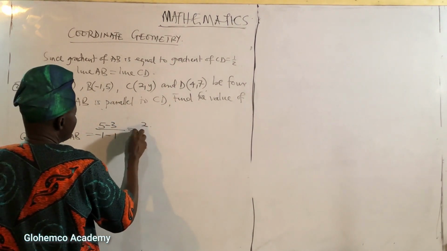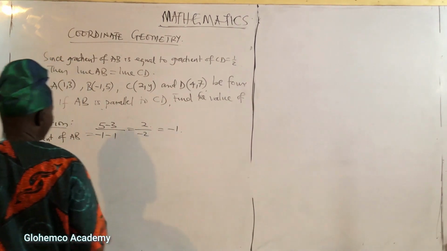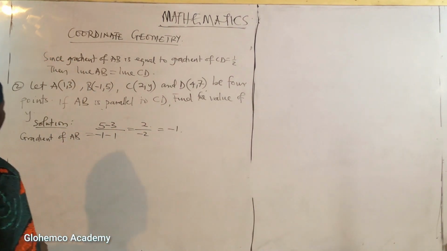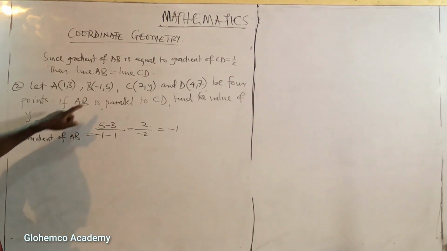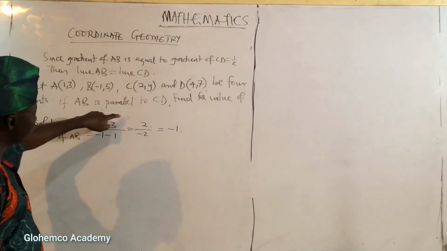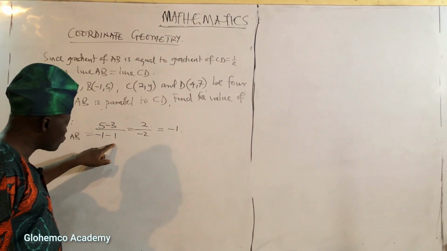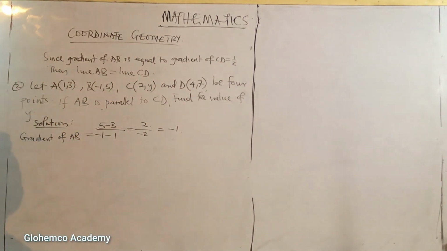This is equal to 2 all over minus 2. When we divide through, we have minus 1. So it means the gradient of AB is minus 1.